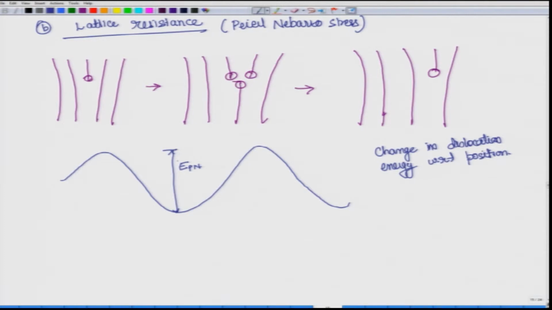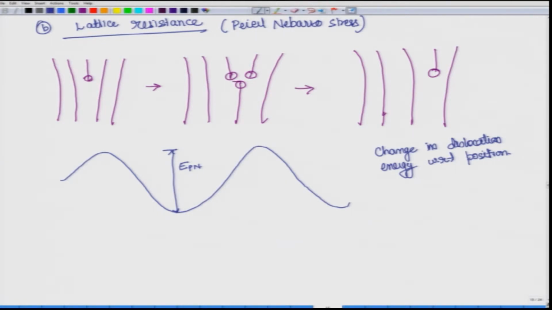And this has to be cyclic, because it is the same structure repeating again and again. So, here you can say this has the lowest energy when it is disconnected. At this particular point it is not connected with any of the atoms, and then again in this position it is again disconnected, or it has moved to another local minima. So, it is the lower energy position over here, and this change in energy is represented as E_PN.